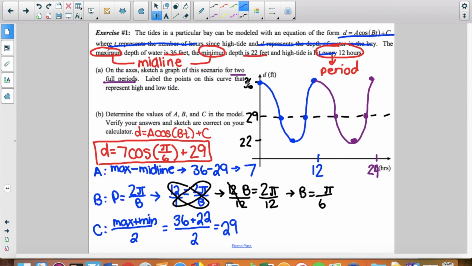If we didn't know that the maximum height was 36, but we knew our midline and our amplitude, this distance here is A. So if you take your midline and add your amplitude, that will give you your maximum.